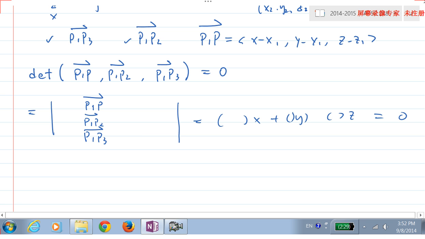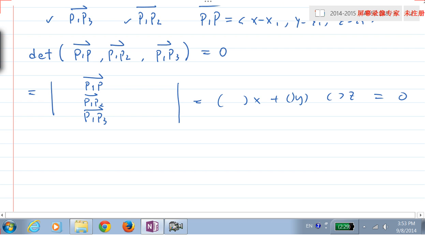At the same time, it explains the whole idea that we just finished here. So now this time, we can still use this formula right here.